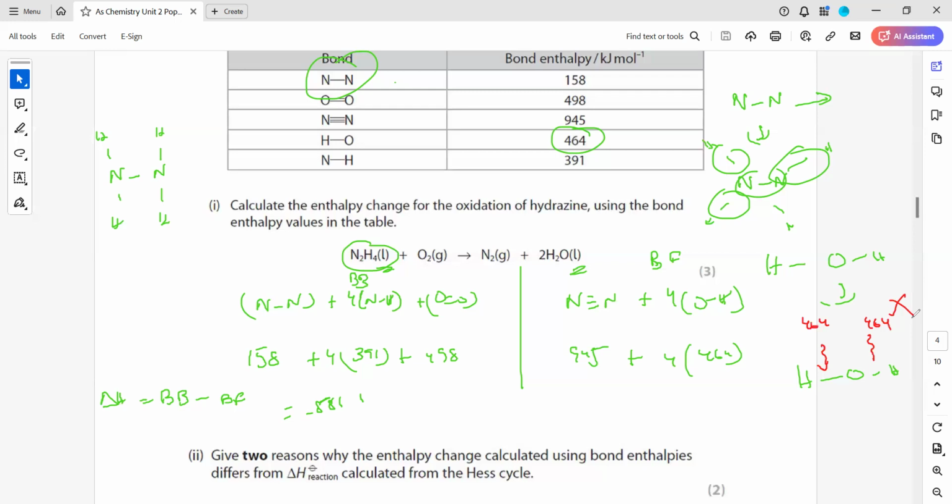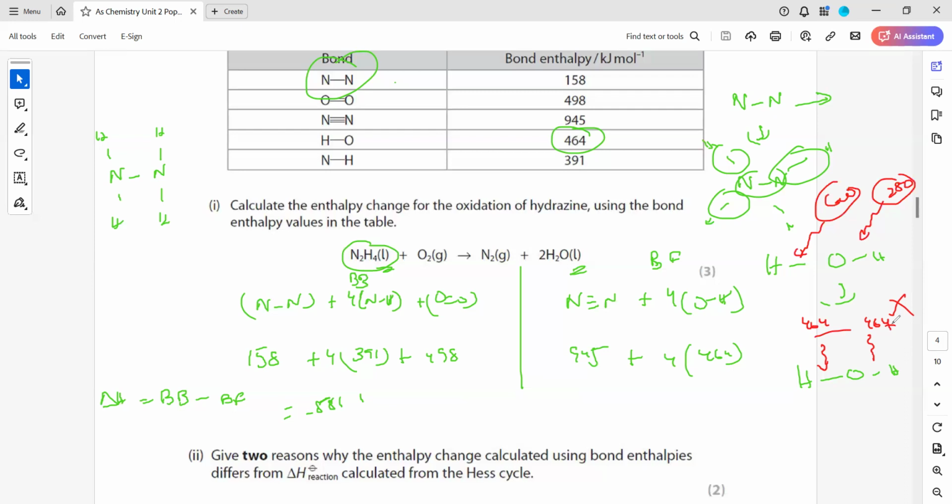But in practice, it is not correct. This is the average energy. Actually, to break the first bond, we need more energy. But when we break the first bond, to break the second bond, we need less energy. So maybe to break the first bond, we might need 600 joules. To break the second bond, we may need like 280 joules. So the average value is always given. So bond enthalpies are always the average energy needed, not the actual energy.